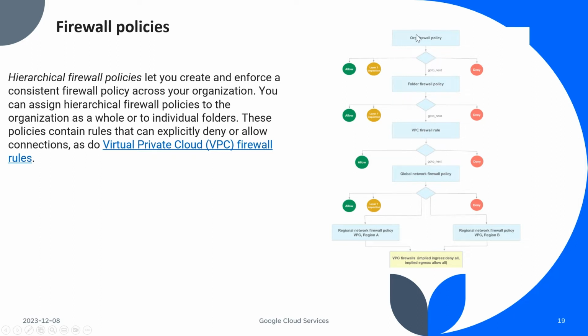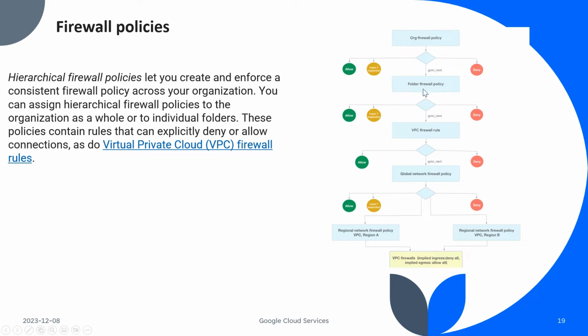This firewall policy will override it, right? If you apply a firewall policy on the organization level, it will apply to everything. It doesn't matter what you set at the VPC level; the organization firewall policy will always win. And this is the order. So if you apply the firewall policy at the organization, this will always win.